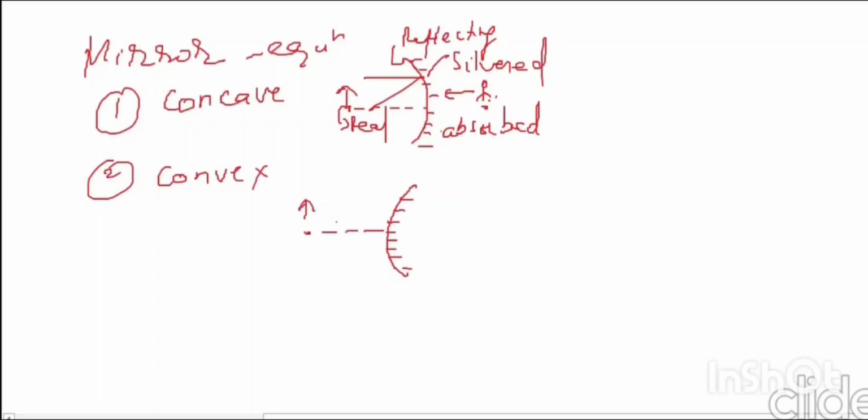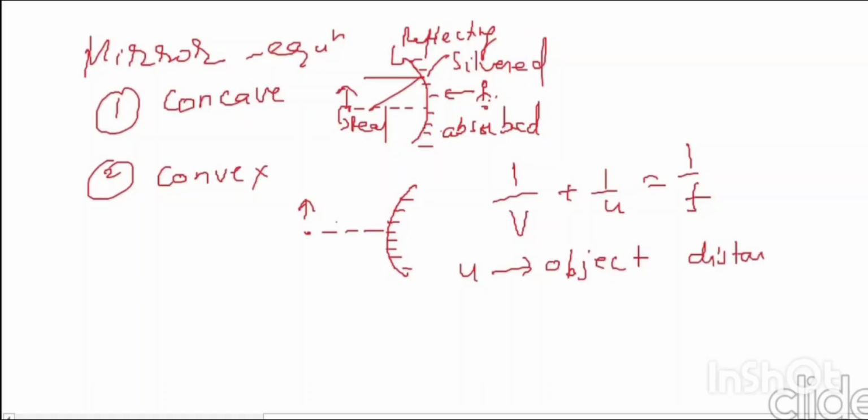So we have some calculations to make here. The basic mirror equation is 1/v + 1/u = 1/f. Here u is the object distance, v is the image distance, and f is the focal length.